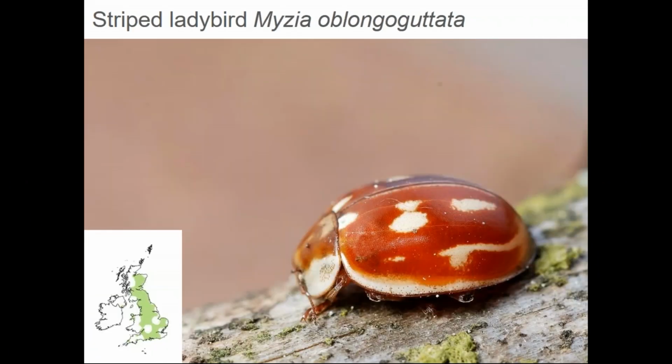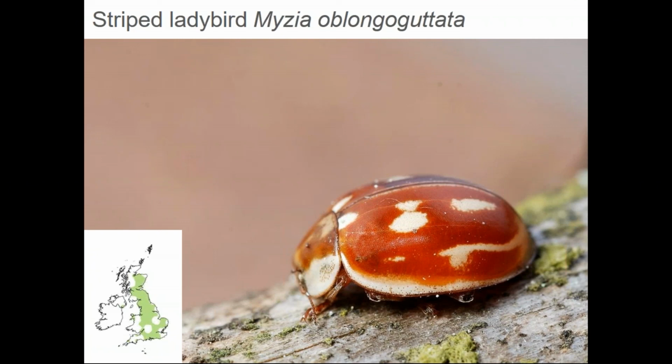Fine to go on. The last one to talk about from similar habitat again, the striped ladybird. So we've got a number of these species that are really specialists of coniferous woodland and coniferous tree habitats. The striped ladybird is particularly on Scots pine trees, and again is one that does well in the north, particularly in Scotland. Beautiful species, and it's one of our largest ladybirds.